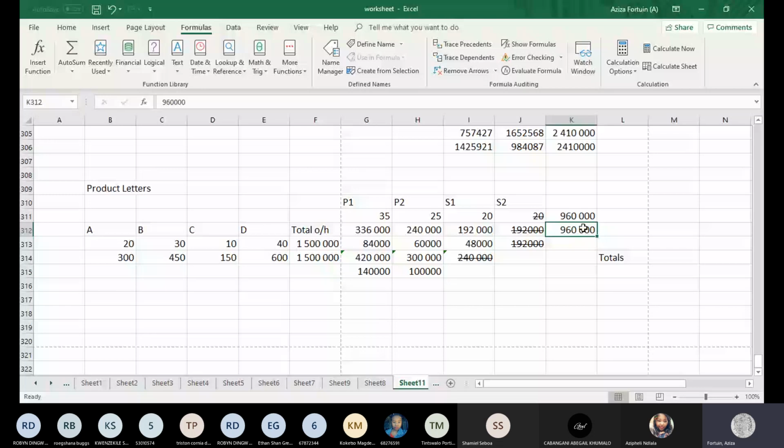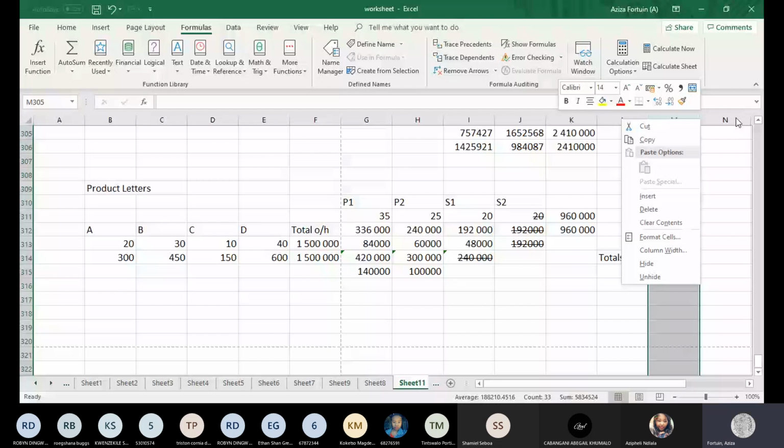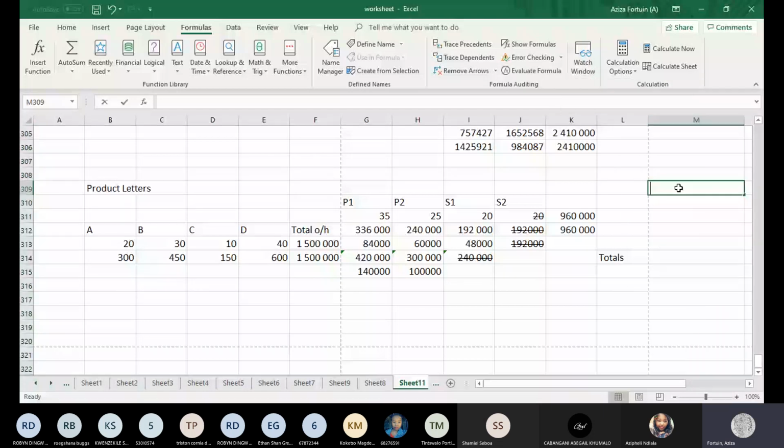Because S2 is 192,000, I am going to do the calculation like this. I'm going to say 100 minus the 20 equals 80. That's step one, because that is the 20 that I am minusing off.